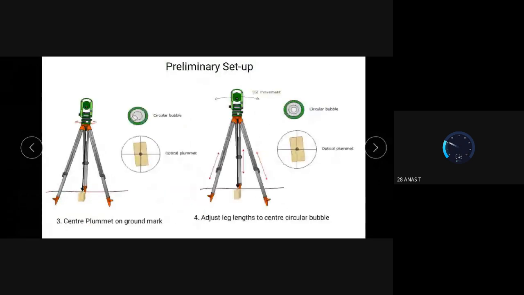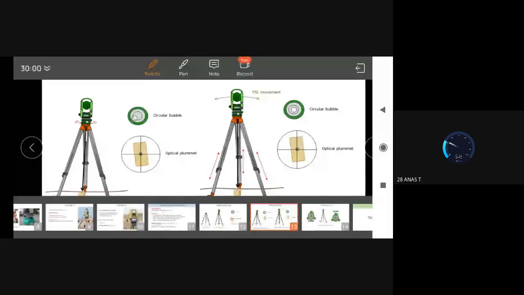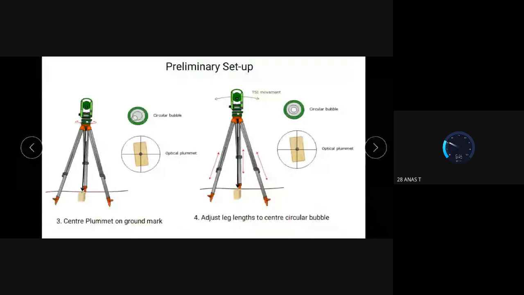Usually the preliminary setup is done using the optical plummet, adjusting the foot screws. I have already told that there are foot screws at the bottom.